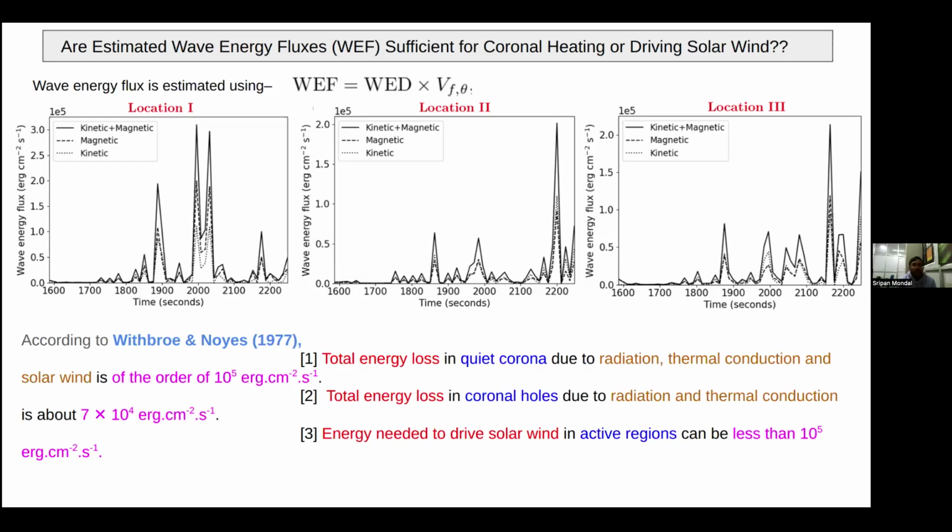So therefore, using all of these points, we can confirm that the energy transported by our wave to the largest distance of 60 megameter from the source region is sufficient for heating the quiet corona and coronal holes when they are subjected to energy loss via radiation, thermal conduction, or solar wind.